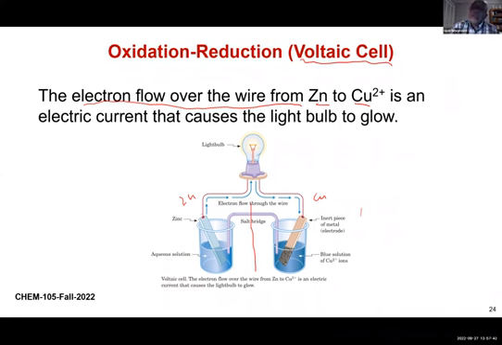You use zinc and copper metal. Copper is here, zinc is here. This is zinc sulfate. This is copper sulfate. All right.